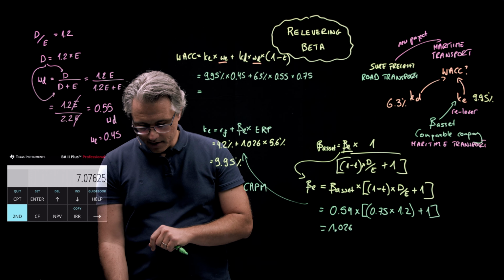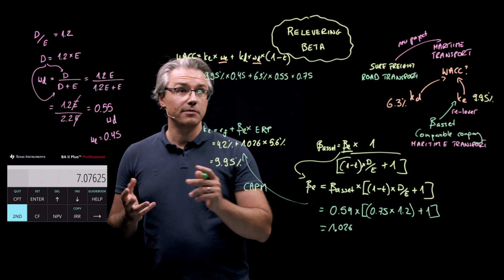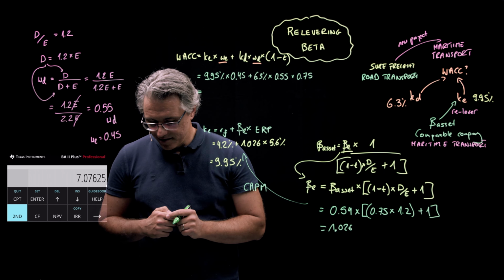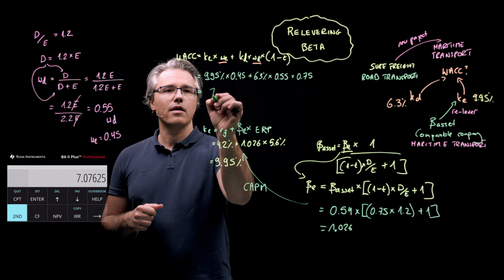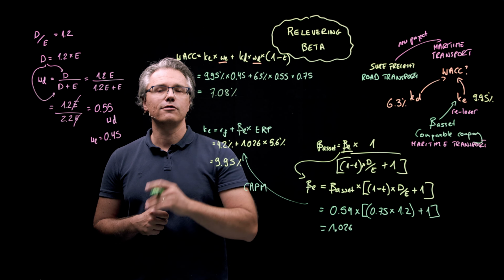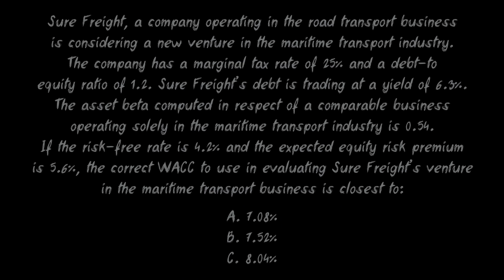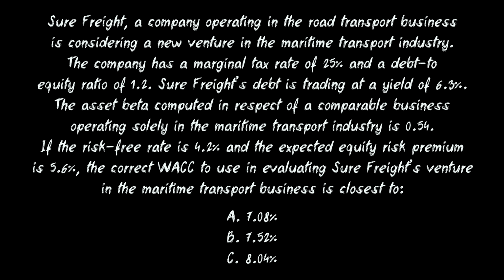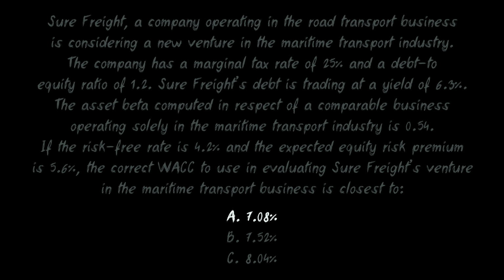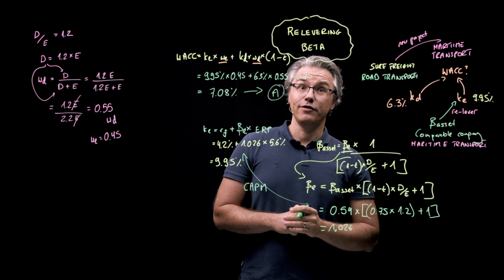Okay, I see a result, and that is, if we round it to 2 decimal places, 7.08%. So that should be our WACC. Let's check whether there was an answer corresponding to this in the solutions. Yes, it corresponds perfectly with answer A. So that's the solution to this rather long question.